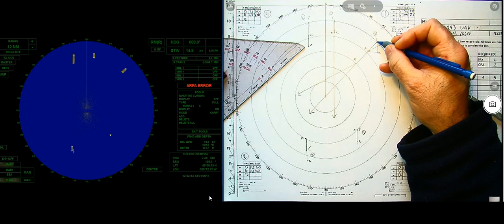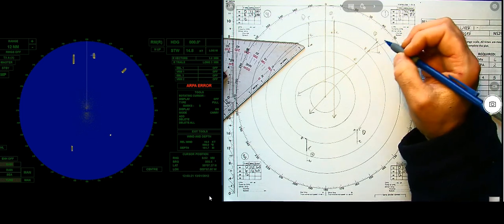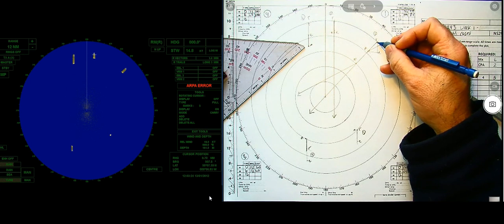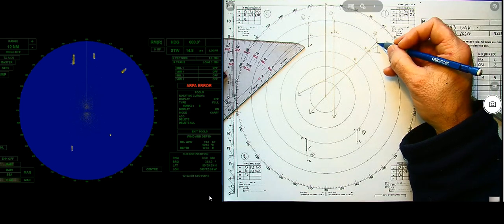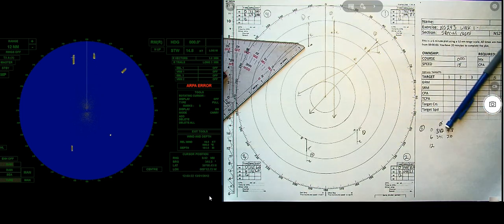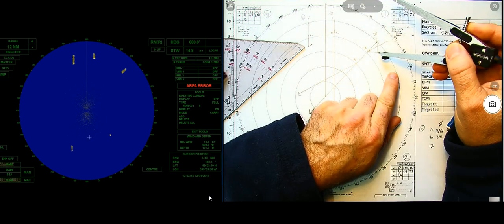Well, look, this is my course right now. I'm going 000 at 15 knots. That's 1.5 miles. What I'm going to do is change my course, but not my speed. This is a vector. The speed, the length of this, is still valid, but I'm going to change the direction. This is the advantage of bringing this line over this triangle.